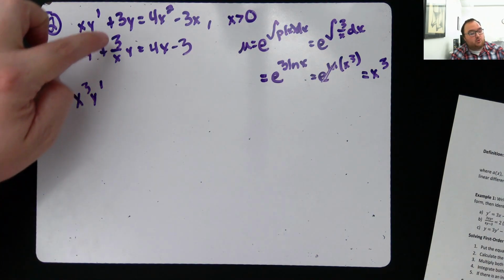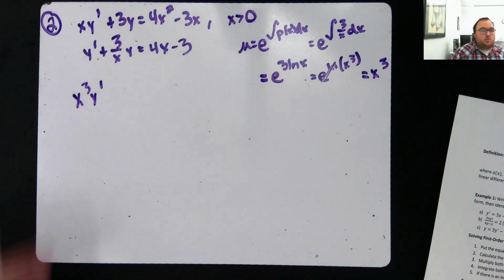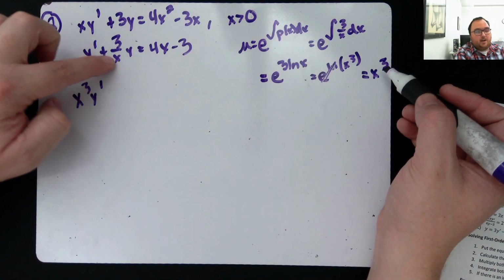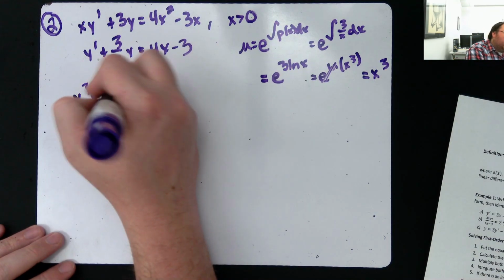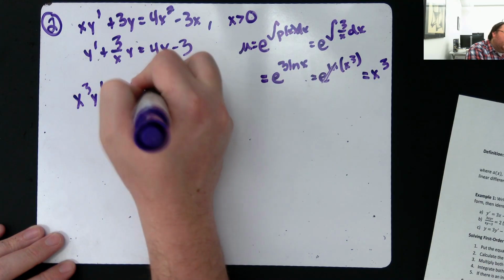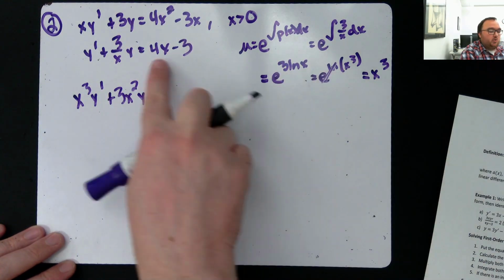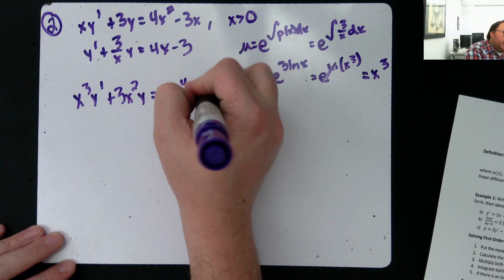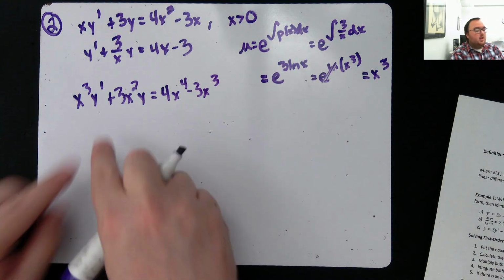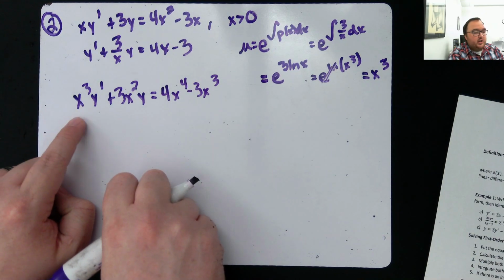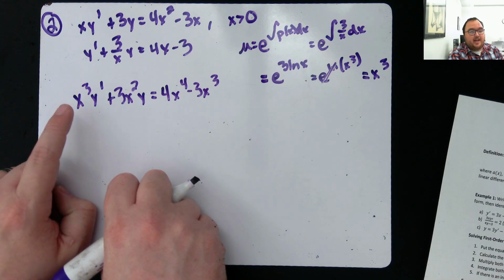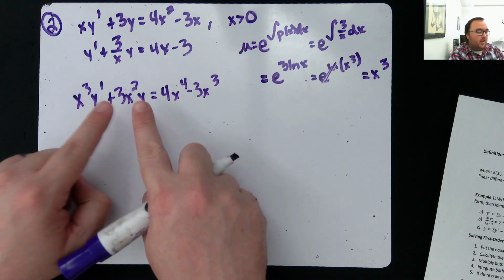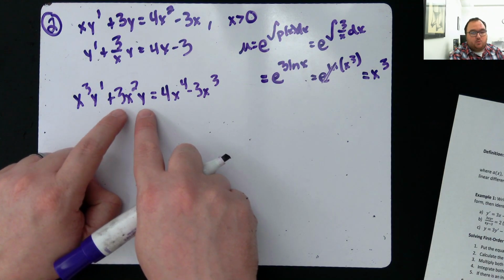X cubed times 3 divided by x would be 3x squared, because x cubed divided by x is x squared. So 3x squared y equals, and then do x cubed times all of that, 4x to the 4th minus 3x cubed. Notice here, x cubed times y prime, this is x cubed times the derivative of the y. And then this side is 3x squared times y.